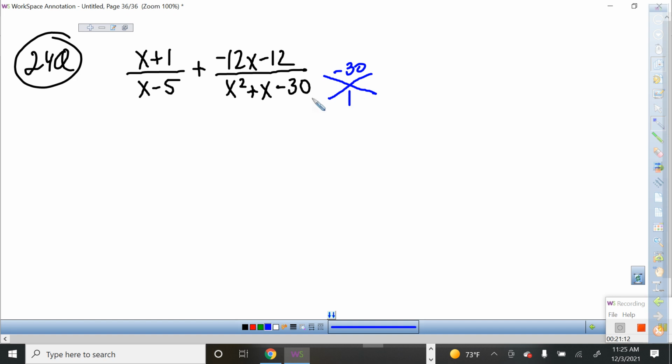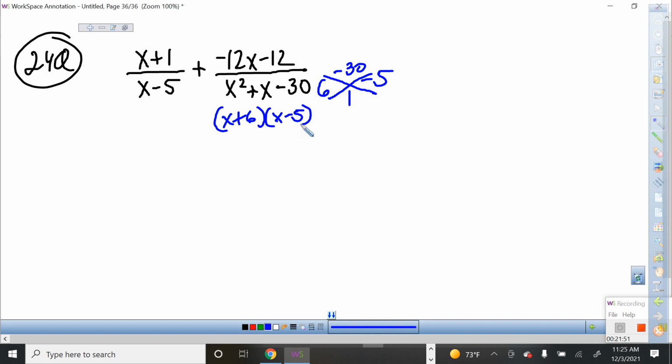What is it? Alright, so you said 6 and negative 5, is that correct? 6 times negative 5 is negative 30, 6 minus 5 is 1. So my factors for this one are x plus 6, x minus 5.